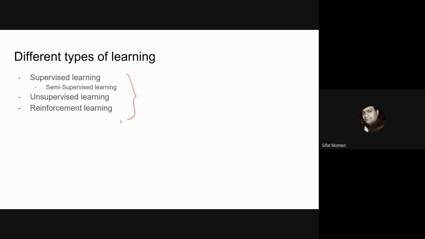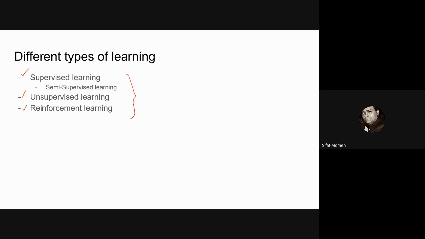One of them is called supervised learning. Then we have something called unsupervised learning, and then there's also reinforcement learning. Of course, there are other variations as well, like semi-supervised learning.